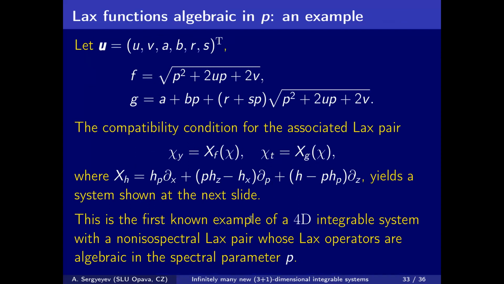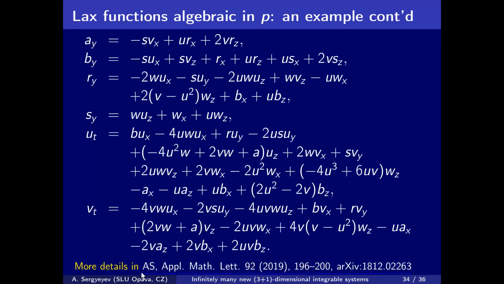What is interesting about this huge system is that this is the first known example of a 4D integrable system such that its Lax pair is non-isospectral, and the Lax operators are algebraic rather than, say, rational in the parameter p.